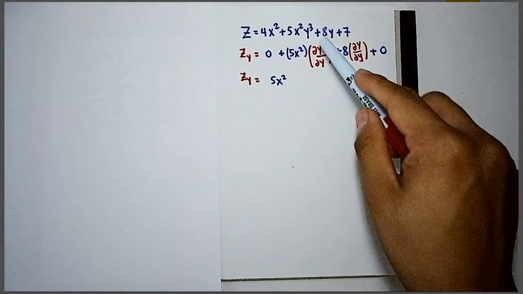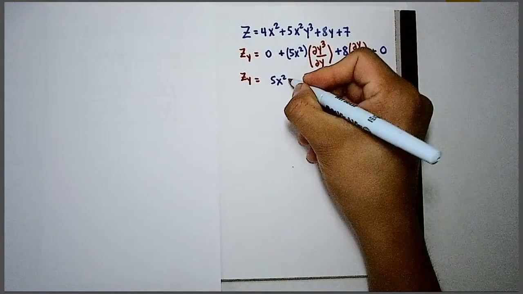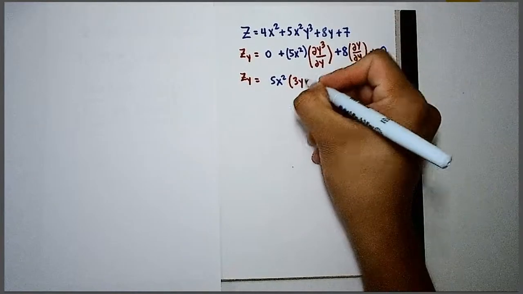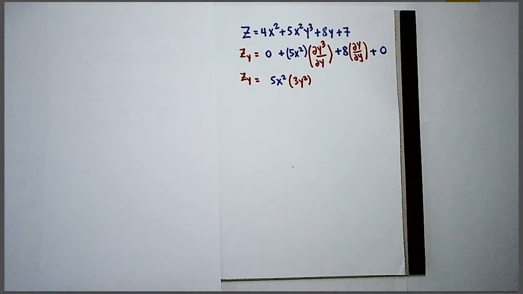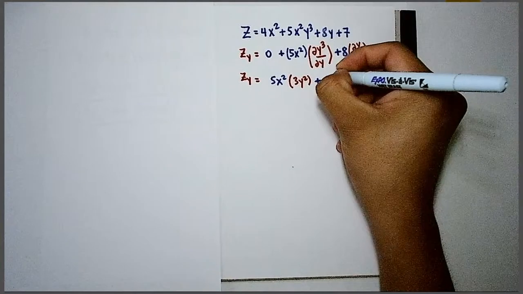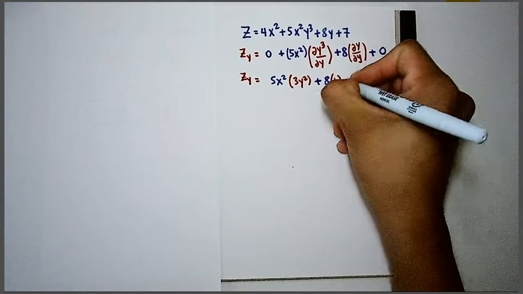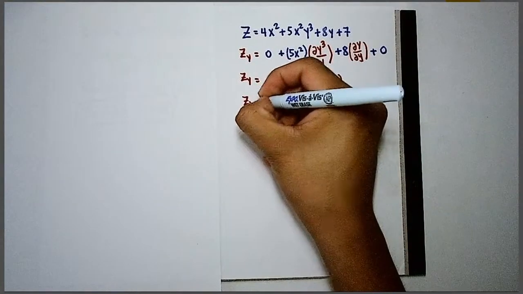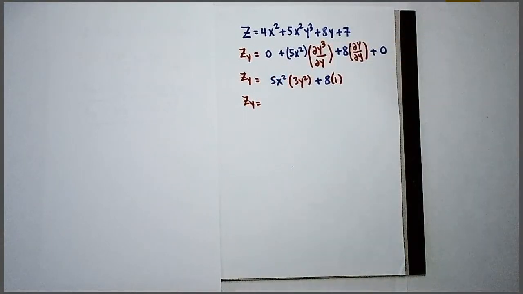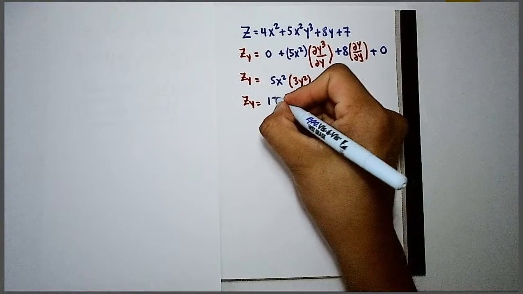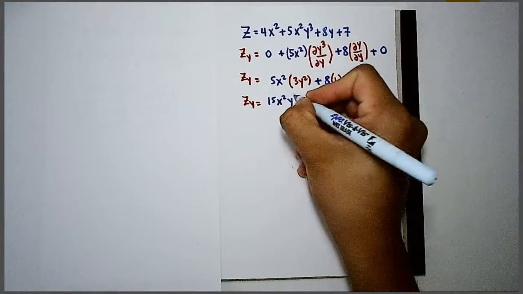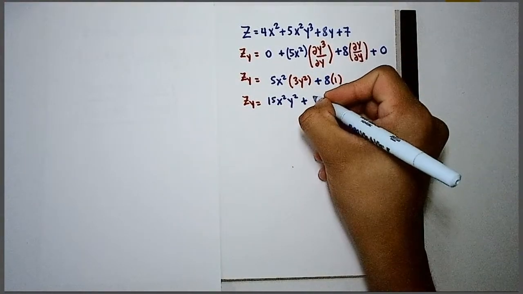Then the derivative of y cubic is 3y squared, plus 8. The derivative of y with respect to y is simply 1. So this is 15x squared y squared plus 8.